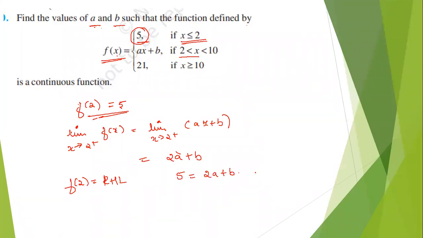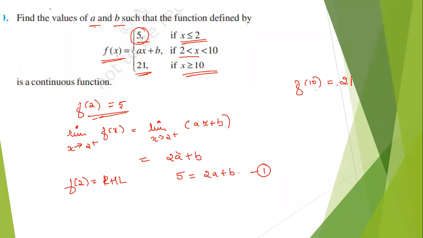You get. Now what you have to do is find the value of function at x is equal to 10. At x is equal to 10, what is f of x? Yes? It's 21. Good. So it is 21.